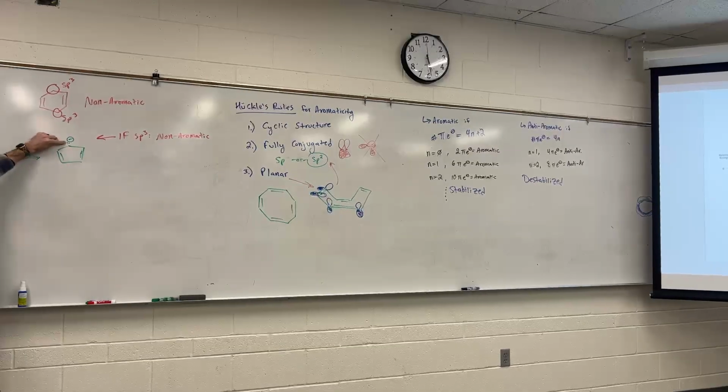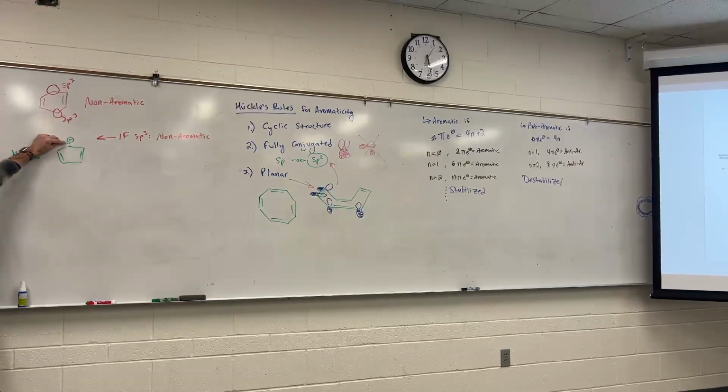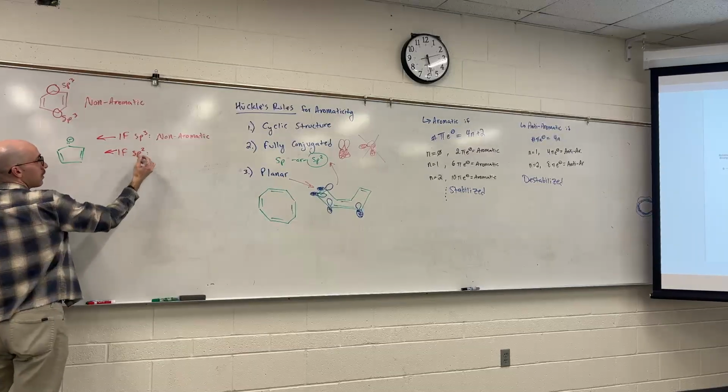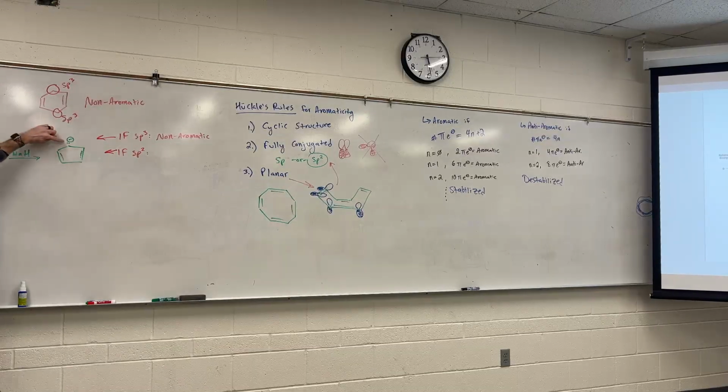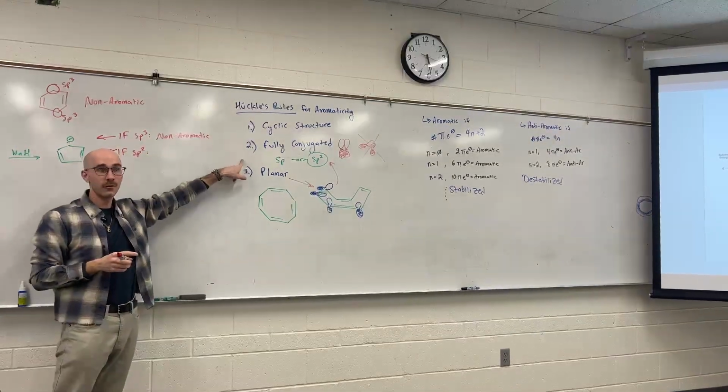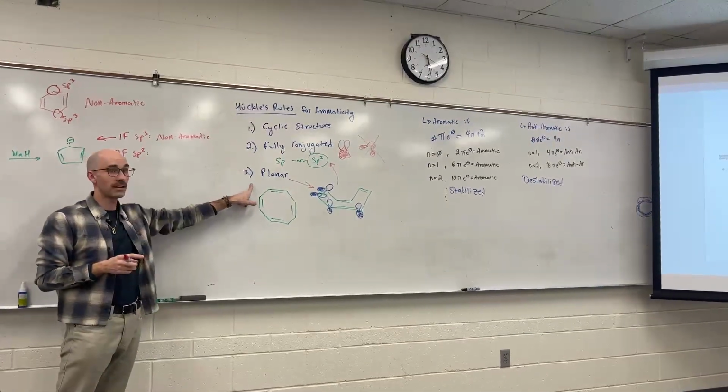If this lone pair sits in a p orbital, it would have smaller bond angles, which means we might start expecting greater electron repulsion. But if the atom is sp2, and this sits in a p orbital, then it's cyclic and fully conjugated, and it's planar.